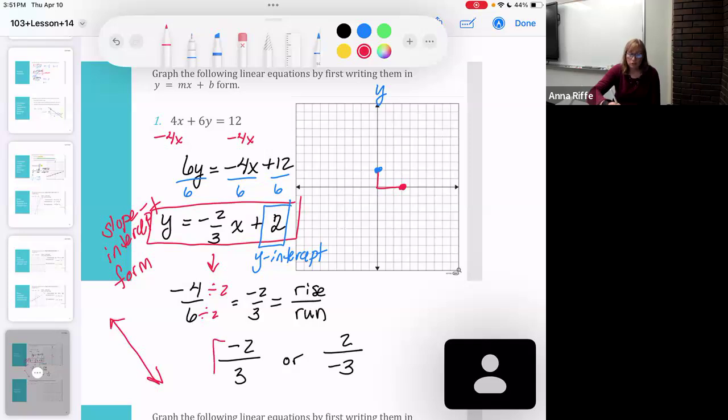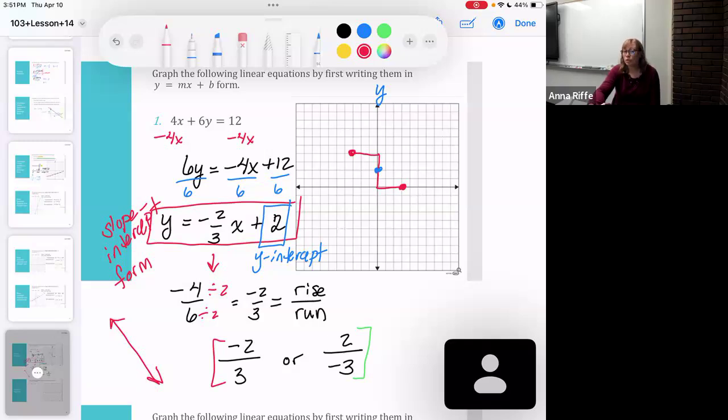If I chose the opposite option and put the negative on the bottom, I would do a very similar process. I am going to start at the y-intercept, and instead of rise -2, I'm going to rise +2. So I'm going to go up 2. And then -3 means I go to the left 3. 1, 2, 3.